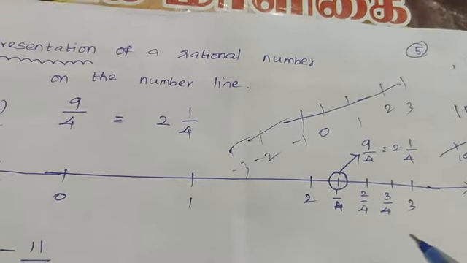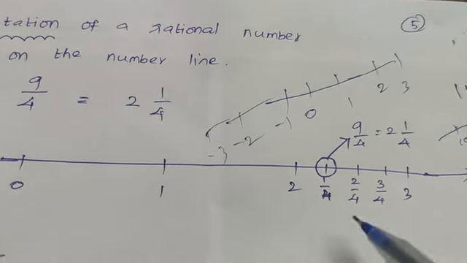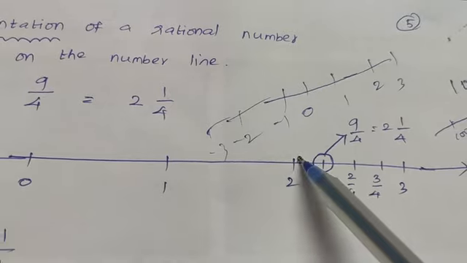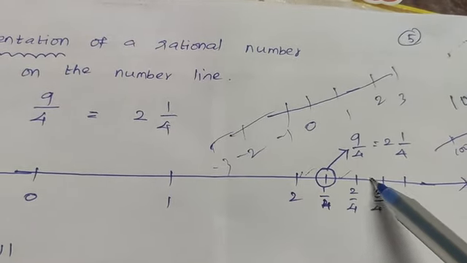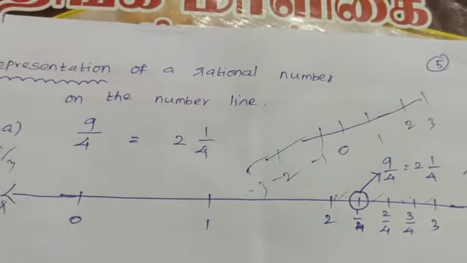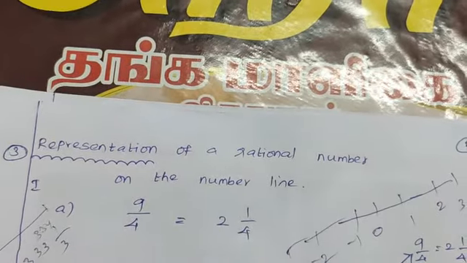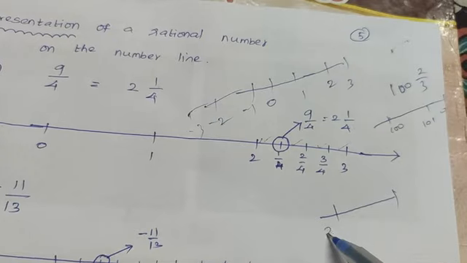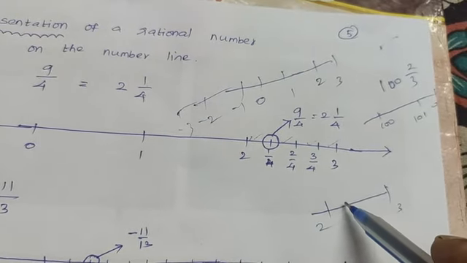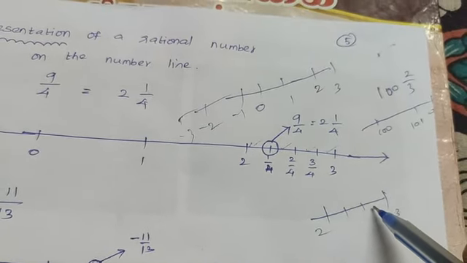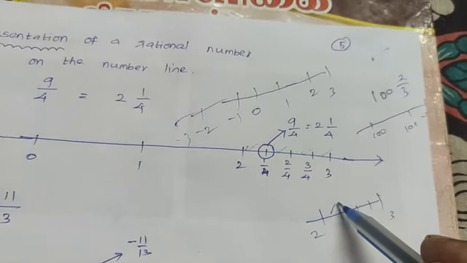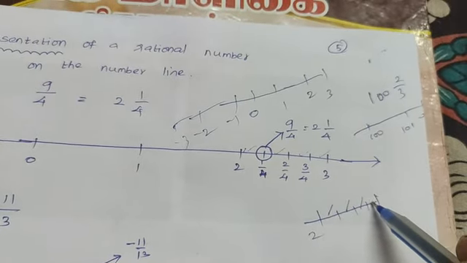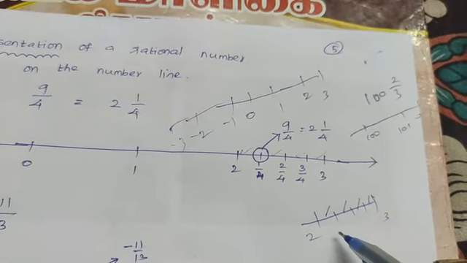So for 4 equal parts, you can draw 3 lines, 1 2 3. So that is the first gap, second gap, third gap, fourth gap.